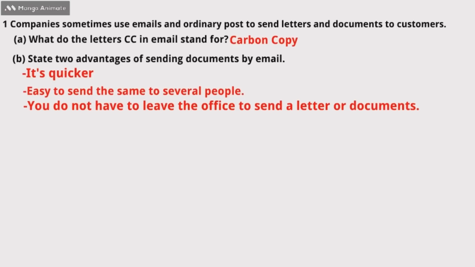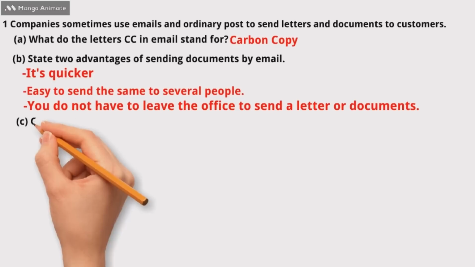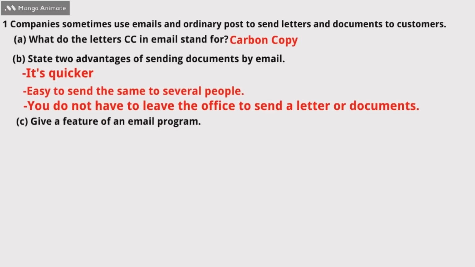Okay, we come to question 1C. Give a feature of an email program. What does an email program have? Among all the features the email program has, they just want us to give one feature. Among the features that the email has, it has got date and time.